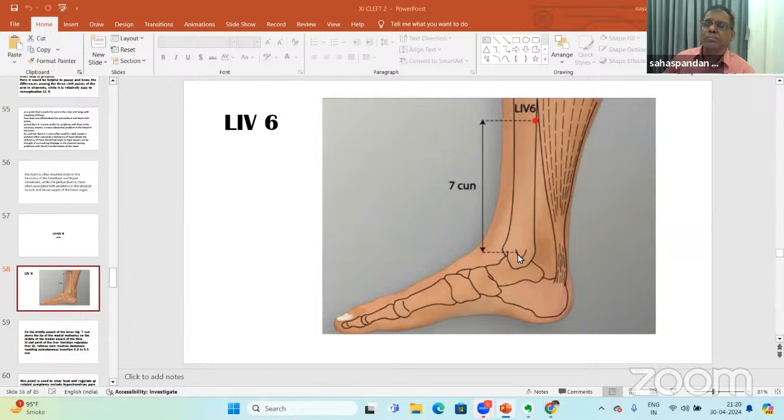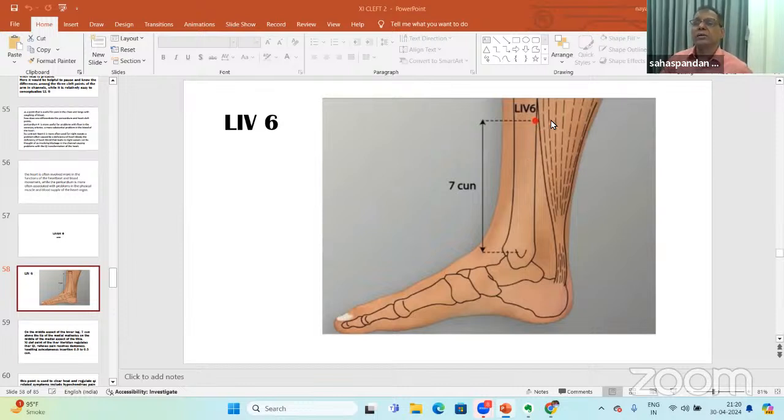Locate the tip of the medial malleolus and go upward 7 cun.